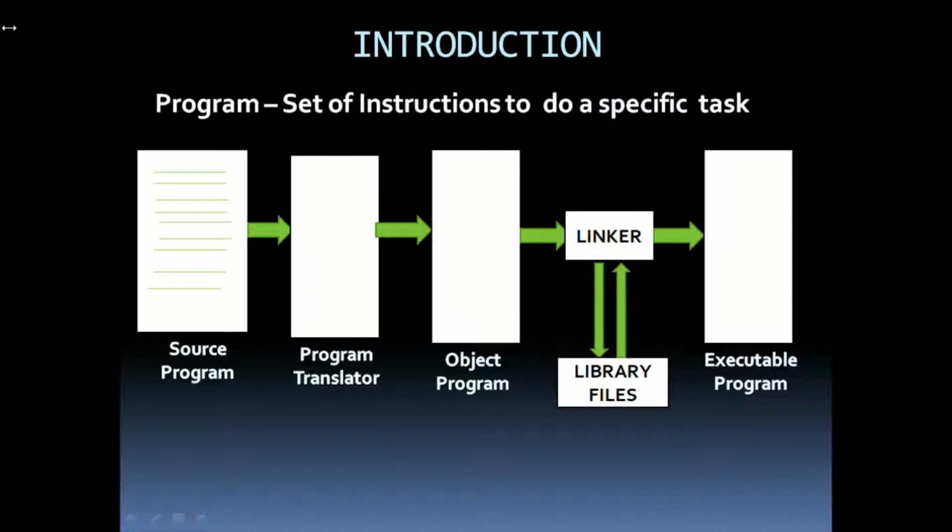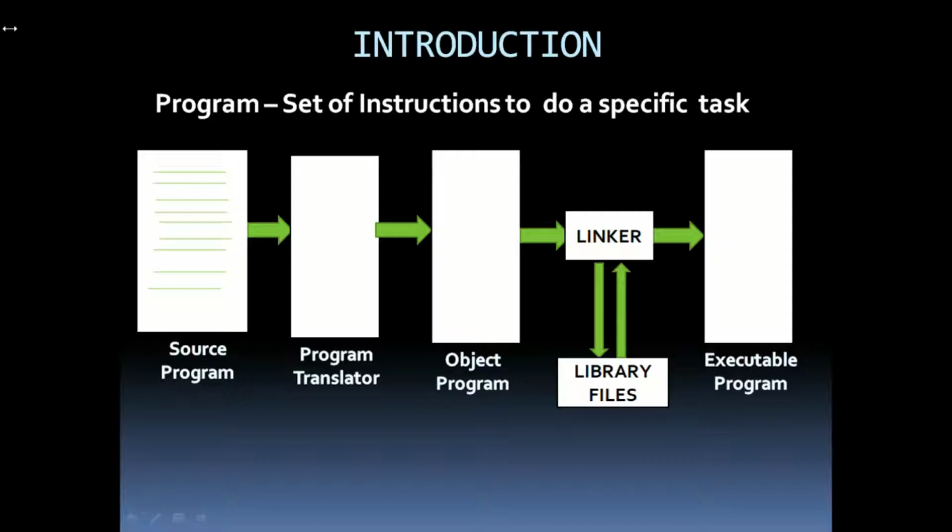Now this object program needs to be converted to an executable file. To convert to an executable file, we have a system program called a linker. Now what does the linker do?